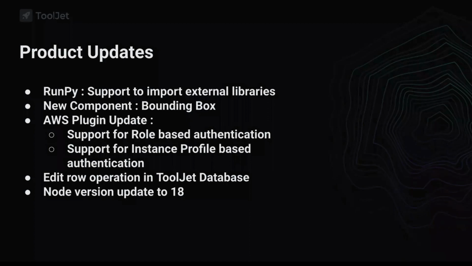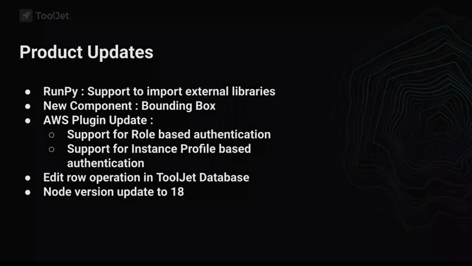experiences, right? Because most of the stuff in ToolJet is drag and drop, it's already wired, but if you still want to improve or customize those experiences, you can use Run.js and now RunPy as well, where you can write Python code. So we had released it in the previous version. Now in this version, we are going to release support to import and export external libraries.